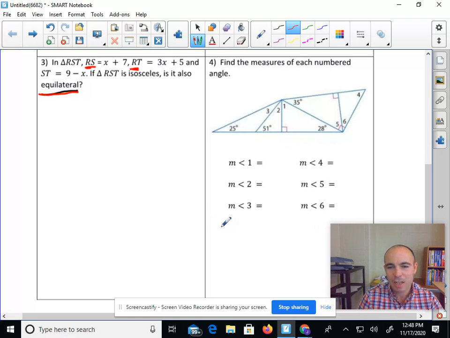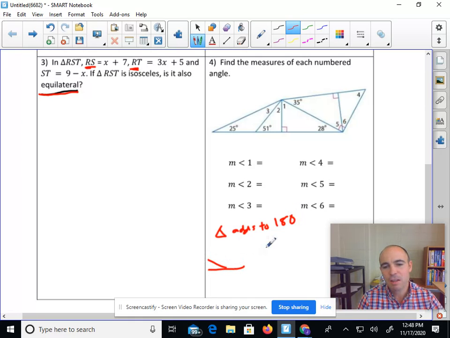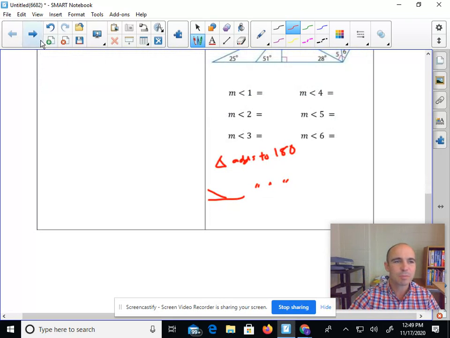I'll even draw this stuff for you. Triangle adds to 180. Linear pair adds to 180 again. And then, of course, if you have that box, you know that that's a right angle, that that's 90 degrees. Okay, I've told you everything you need to know. You guys can definitely take it from here.